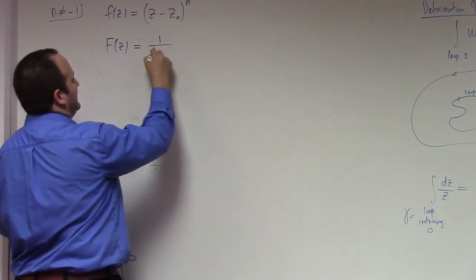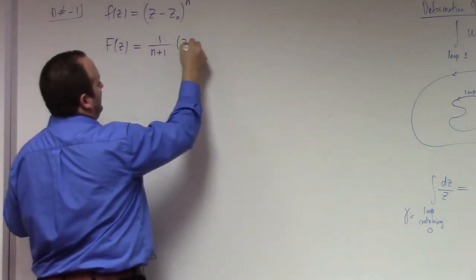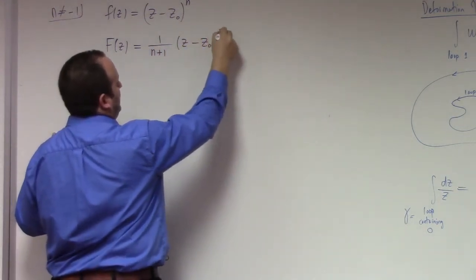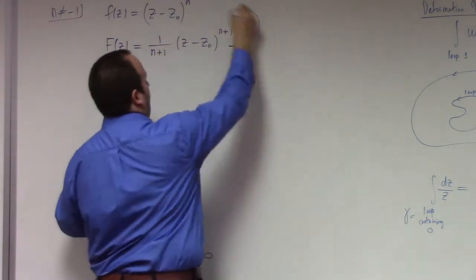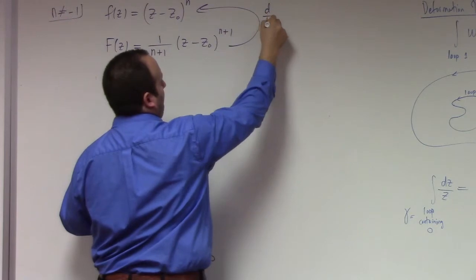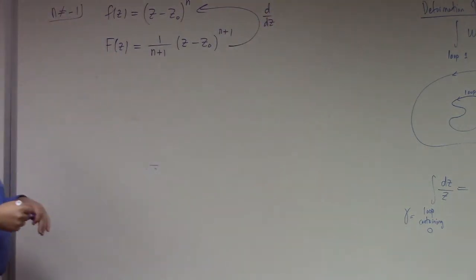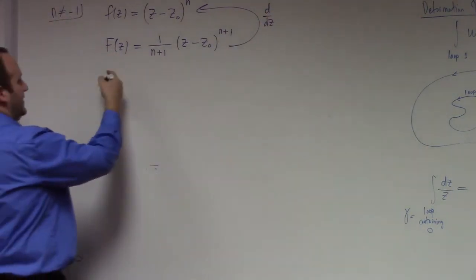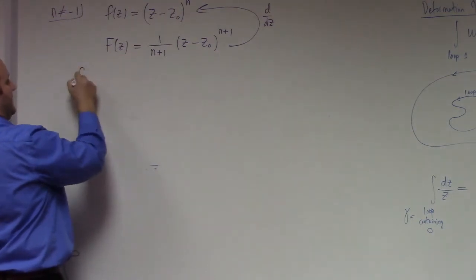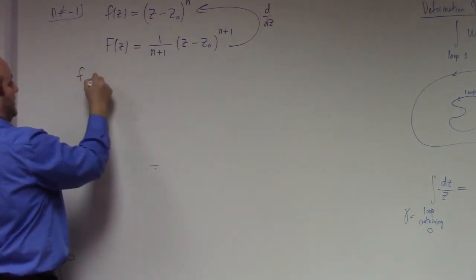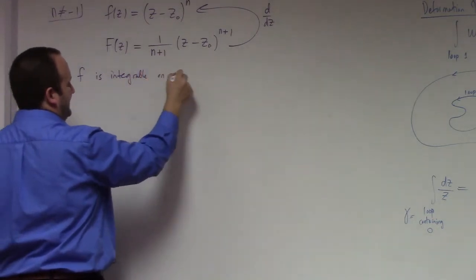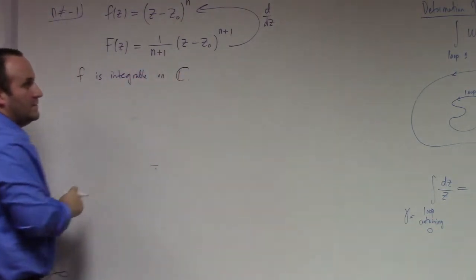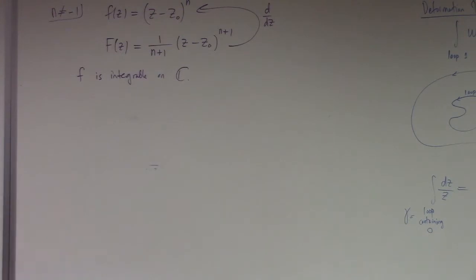This is calculus 1, guys. It's 1 over (n plus 1) times (z minus z naught) to the n plus 1. If I differentiate that, I get back up there. And you see f is integrable on C. There is no restriction whatsoever.